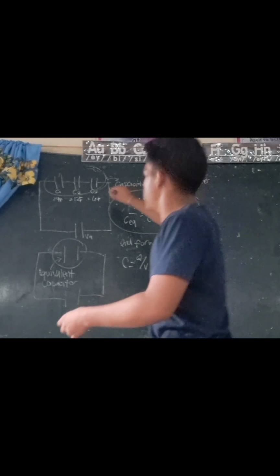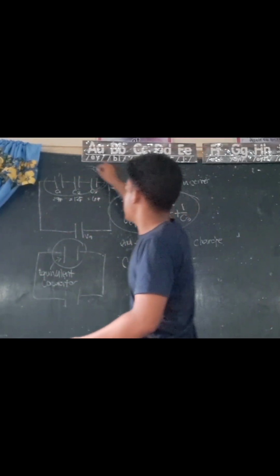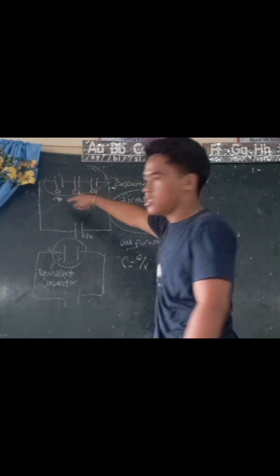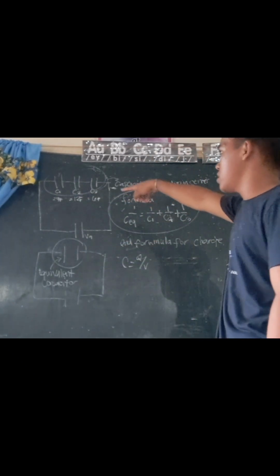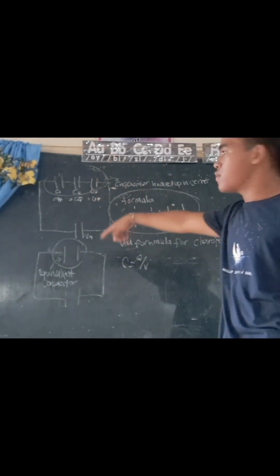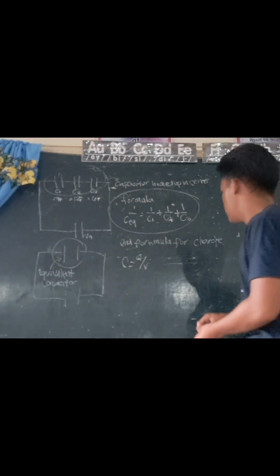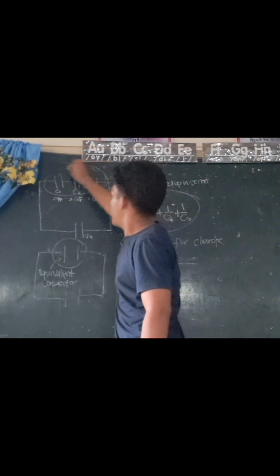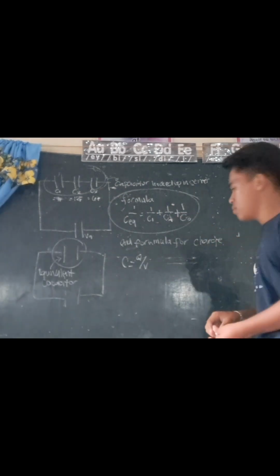As I said, this is the capacitor series. In this example, capacitor 1 is 4 farads, capacitor 2 is 12 farads, and capacitor 3 is 6 farads. Now, we're going to solve this and find the charges of all capacitors in my sample.